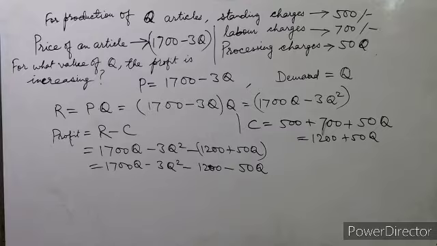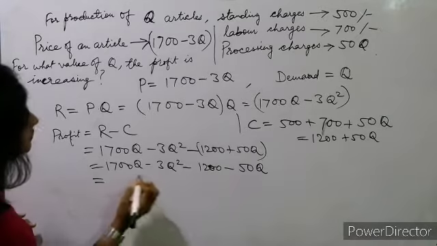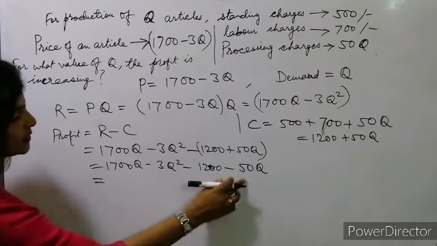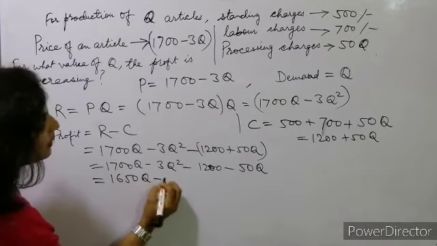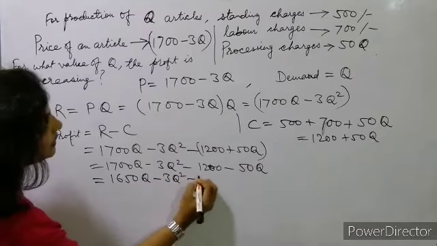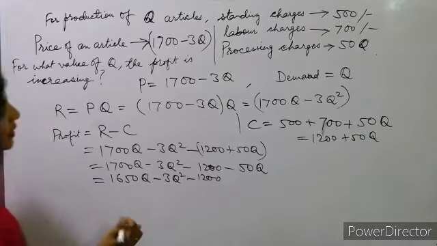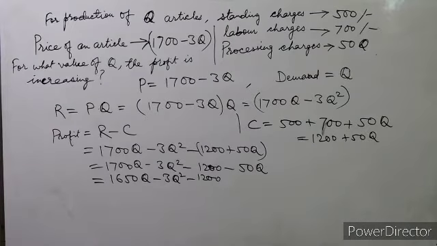Now 1700Q minus 50Q will be 1650Q, so 1650Q minus 3Q square minus 1200. So this will be the value of profit.